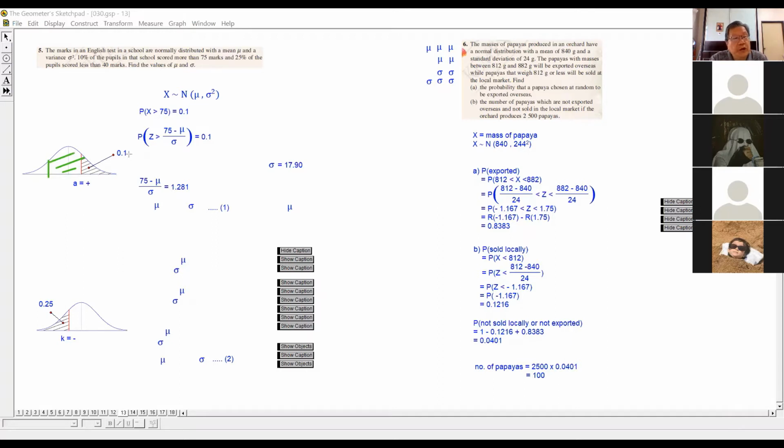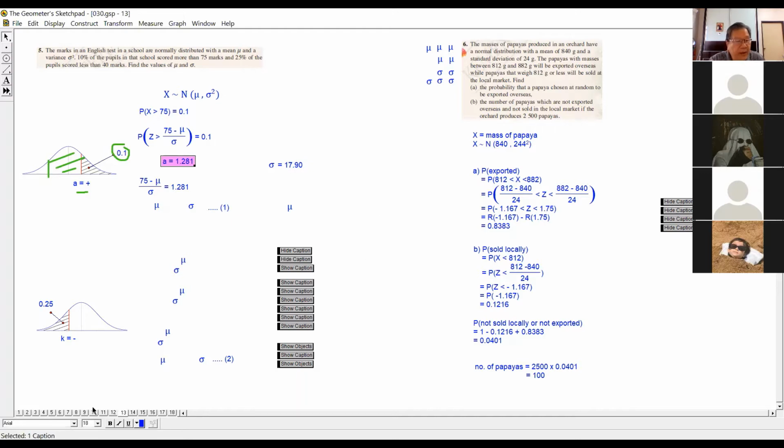So with the probability equal to 0.1, I try to find the Z score, which I call A, and I know A must be positive. How do we get this A?